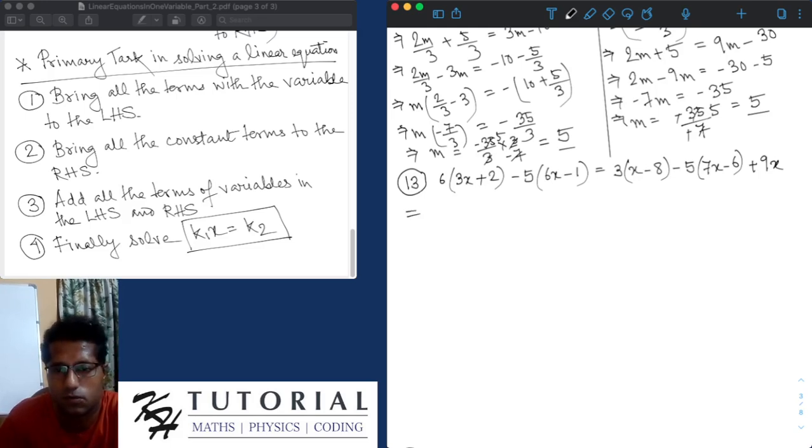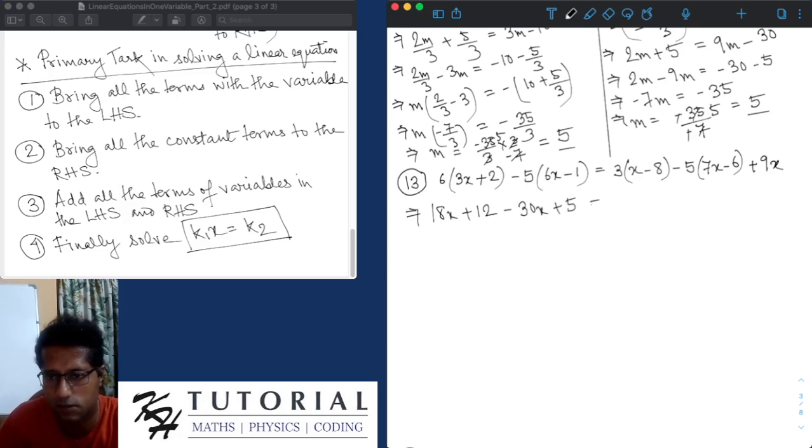So if I do the product of 6 multiplied by 3x plus 2, it becomes 18x plus 12. And the product of minus 5 into 6x minus 1 becomes minus 30x plus 5.